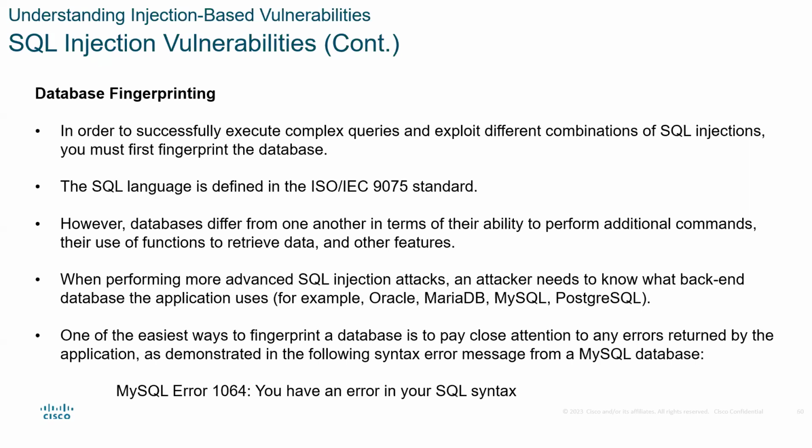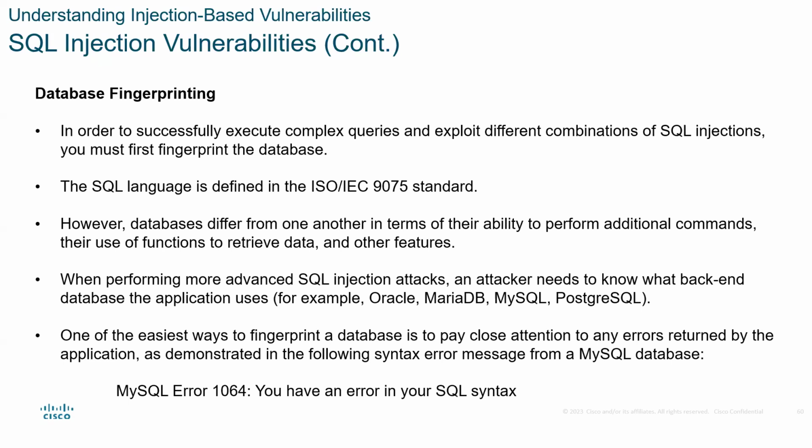It looks for the fingerprint of that particular query language, the SQL. In order to successfully execute complex queries and exploit different combinations of SQL injection, you must first fingerprint the database. The idea here is to look at the database and find out what you have there. It's like extracting the structure of that database.